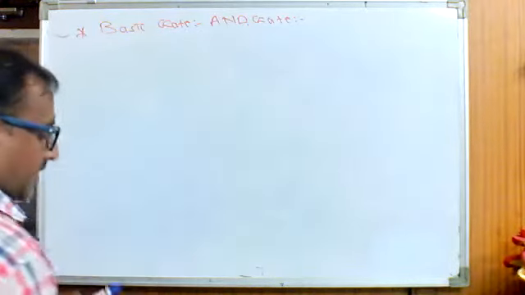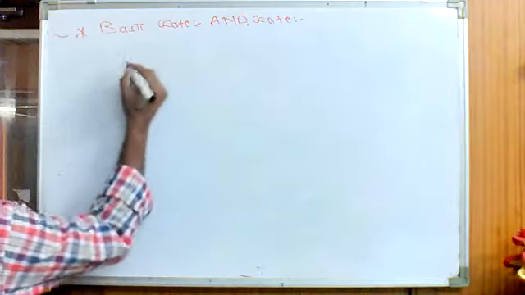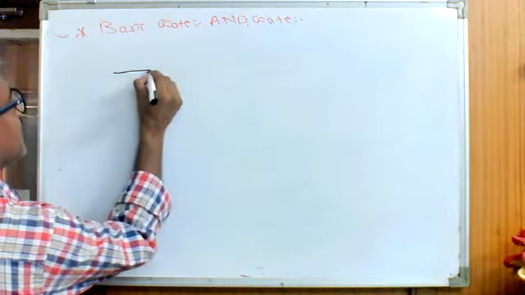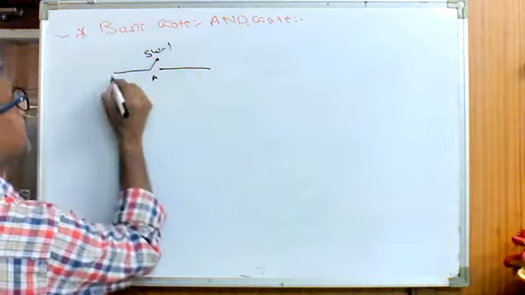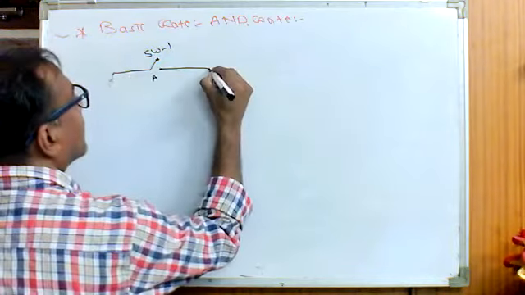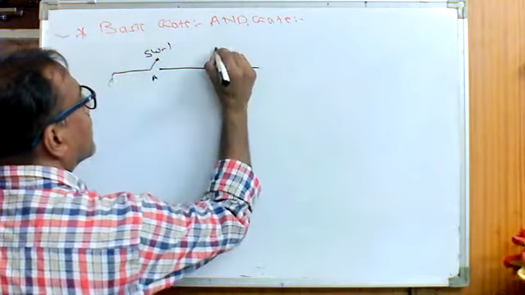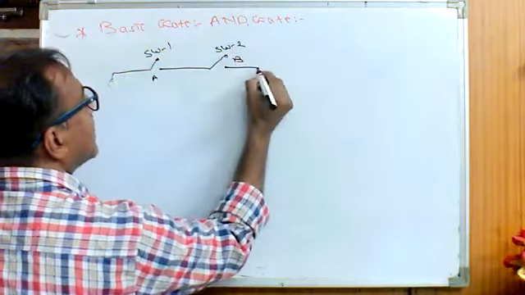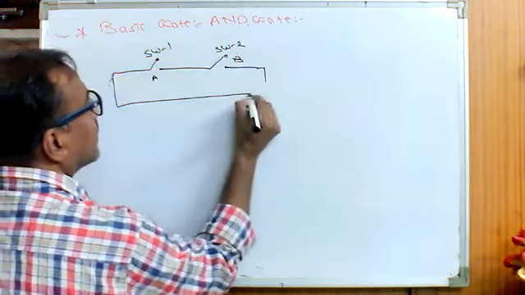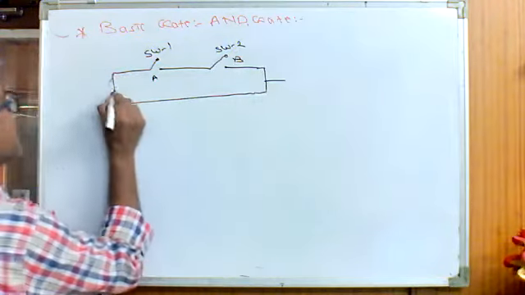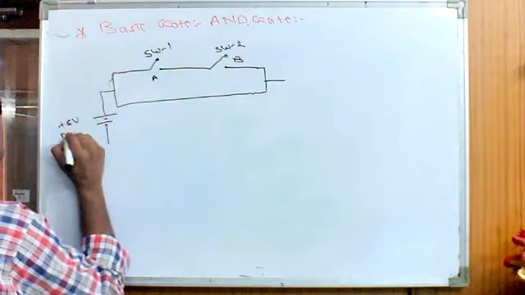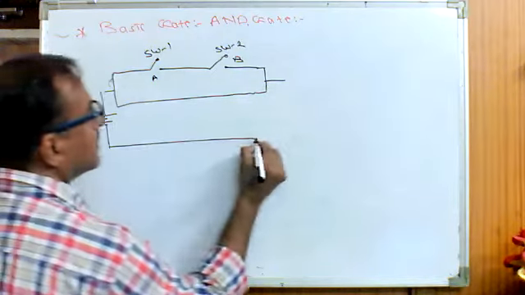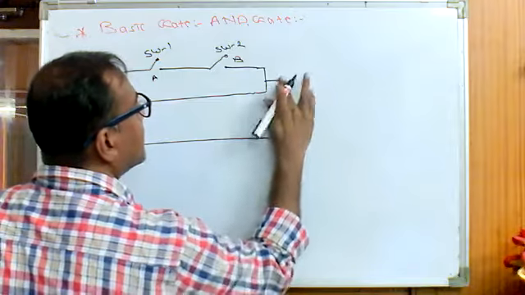AND gate. So the circuit is here. A is switch 1, and switch 2 is B. Plus 5 volt is used in digital circuits.